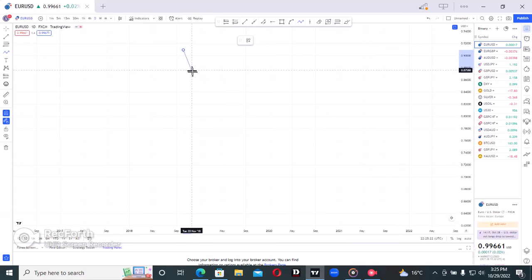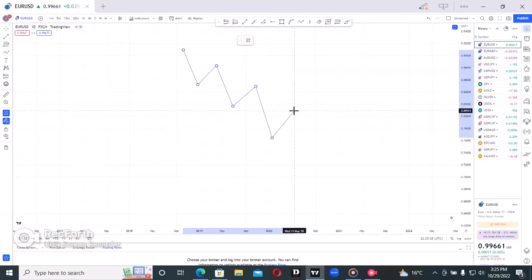When the market is moving in a downtrend or uptrend, it's going to be making something like this: higher highs and higher lows, or lower highs and lower lows. This is what you're going to see when the market is moving in a downtrend or an uptrend.